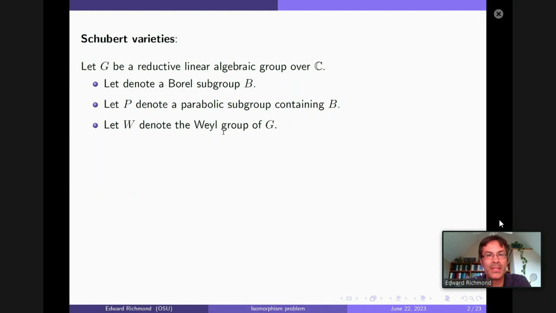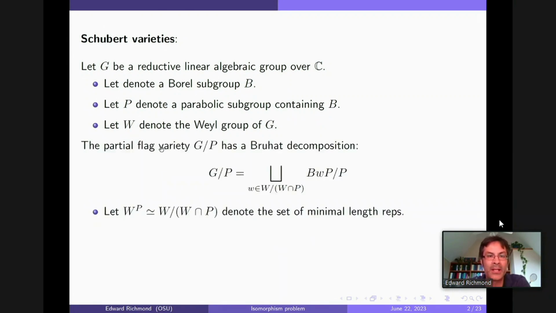Okay, so this is a workshop on Schubert varieties, so I'm sure people have seen this slide many times before. We're going to let G be a reductive linear algebraic group over C, and we're going to set a Borel B. We're going to let P denote some parabolic containing B, and W the Weyl group of G. The partial flag variety G mod P has a Bruhat decomposition into B orbits.